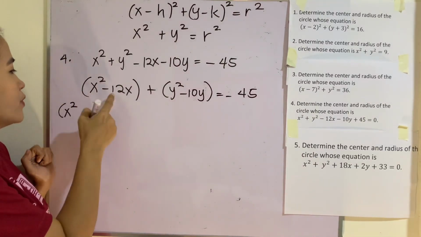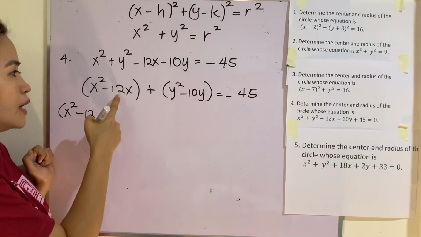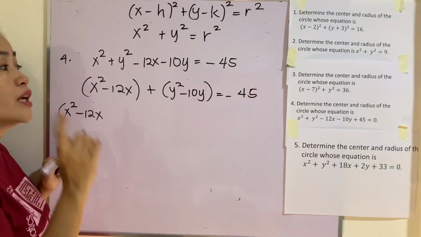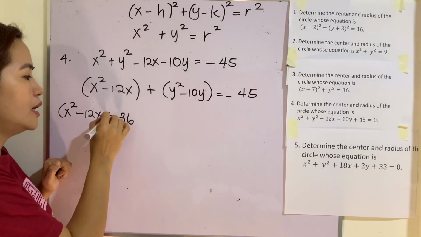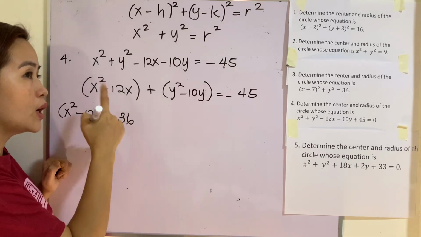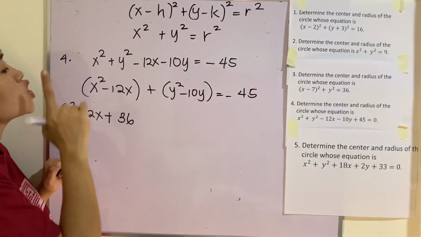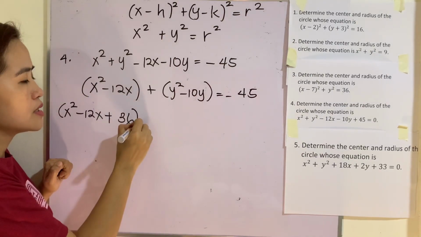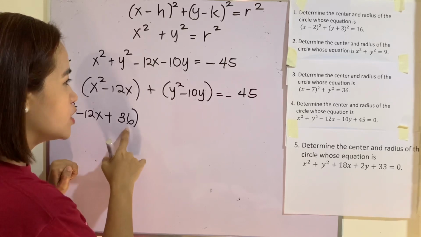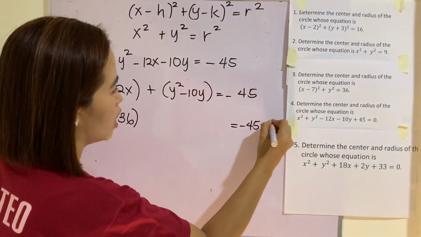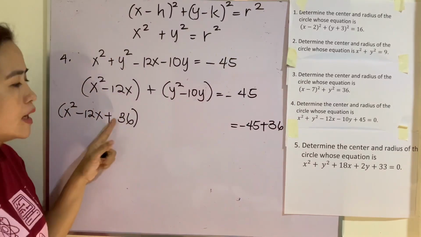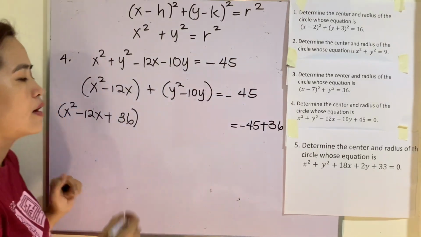You get half of this, that is 6, and then you square it. That will be 36. What you add here should be added here also so that the equation will not change its value. I added 36 there.